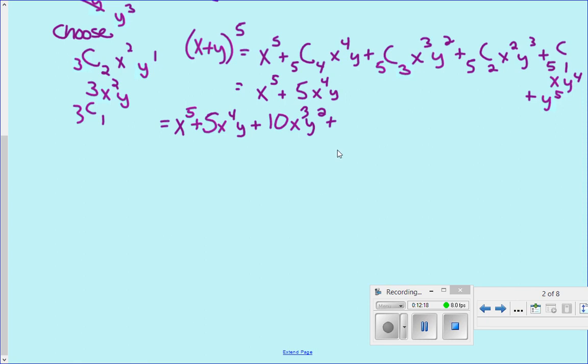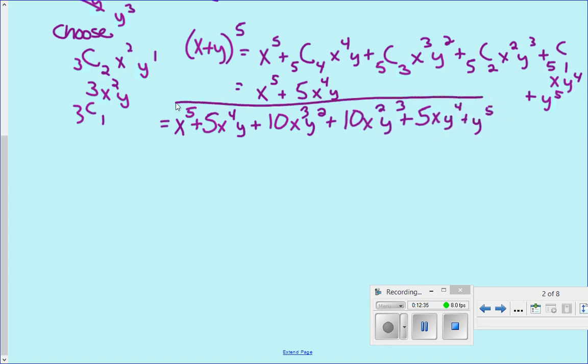So 5c2 is also 10 x squared y cubed plus the mirror image of 5 is 5 x y to the 4th plus lastly y to the 5th. Okay, and there's our expansion of x plus y, the quantity to the 5th.